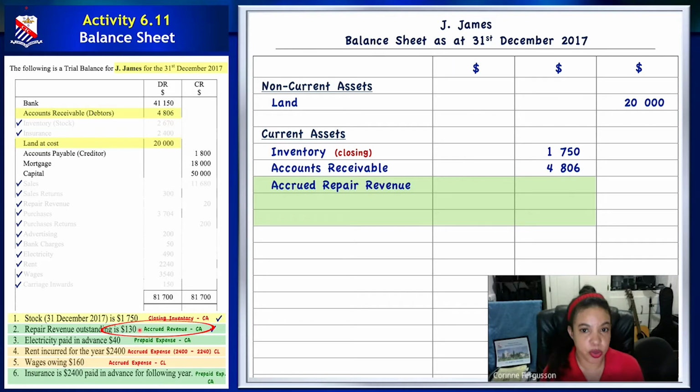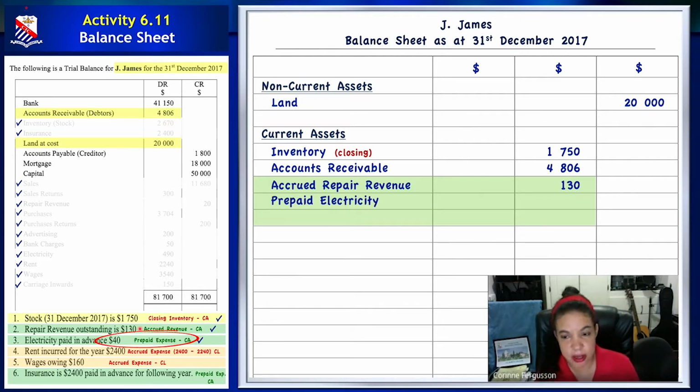And how much is your accrued repair revenue? $130. Easy. Okay, the next one, your next current asset, you have a prepaid expense. So you write prepaid, and what is the expense? Electricity. And how much is it? $40. You just put it there.